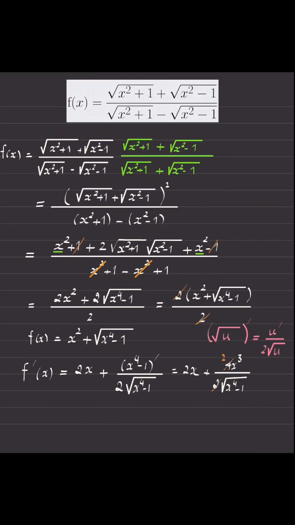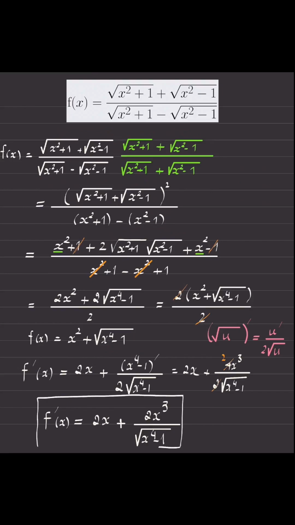So finally I will have my answer, that the derivative of f of x is equal to 2x plus 2x cubed divided by the square root of x to the power of 4 minus 1. And this is the derivative of this function.